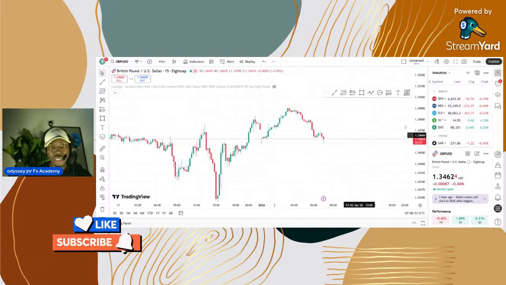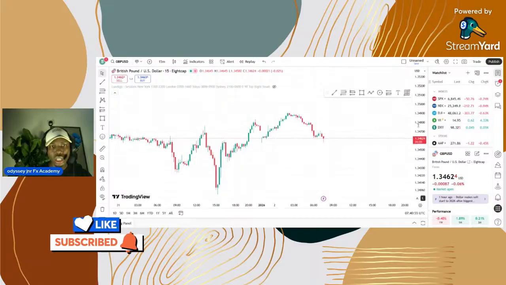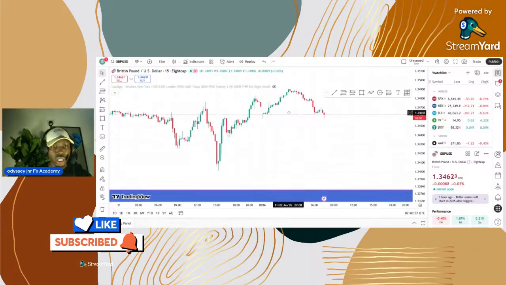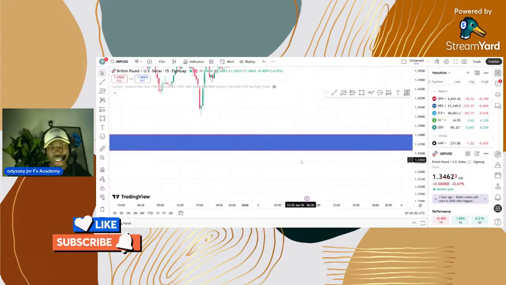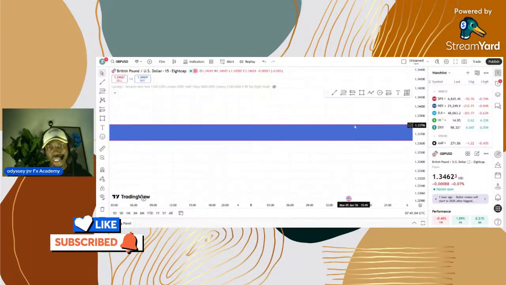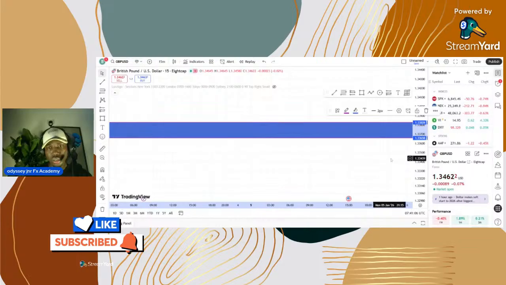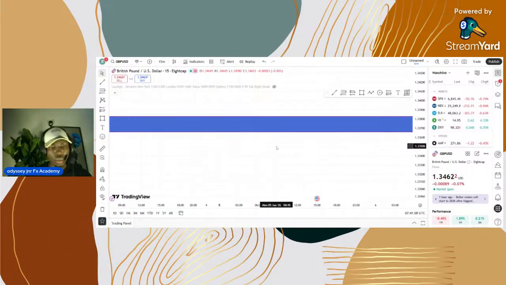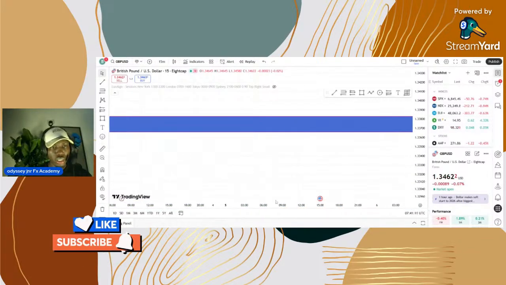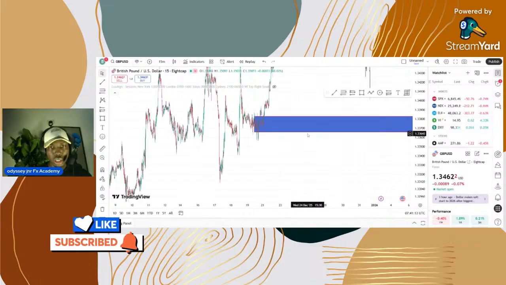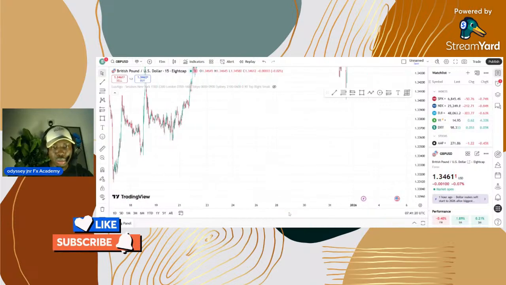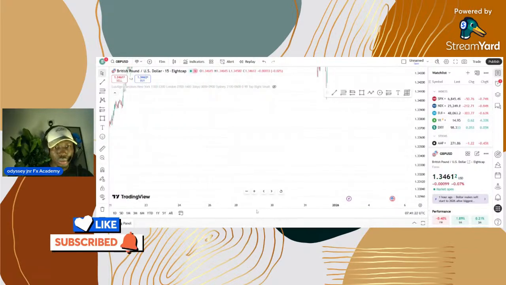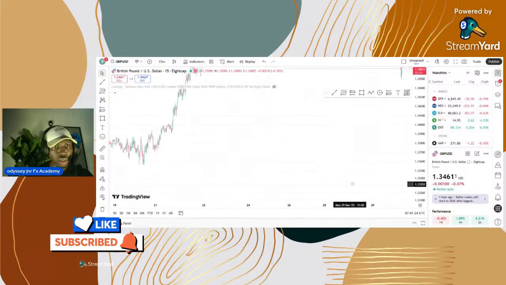So the 15 minutes. Let's look at where this order block was. For now, this order block might be pending. Let's look at the latest.